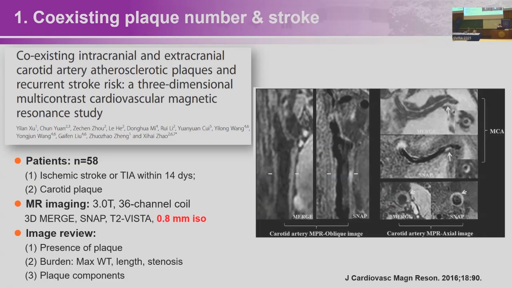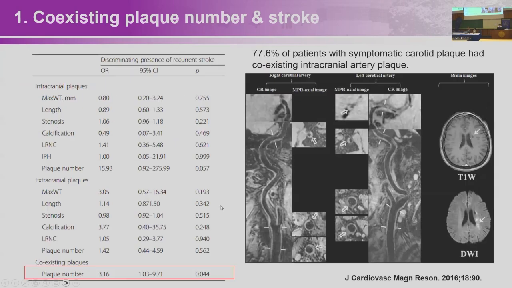Our group first utilized multi-contrast 3D vessel imaging to investigate coexisting atherosclerosis in intracranial and extracranial carotid artery. We found that in stroke patients, if the patient had carotid plaque, the prevalence of coexisting intracranial plaque is over 77%.